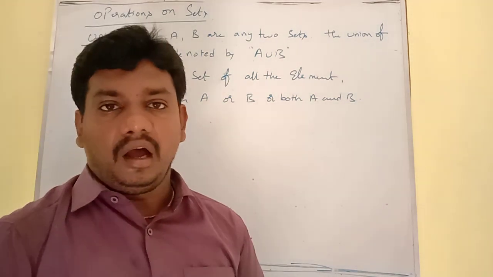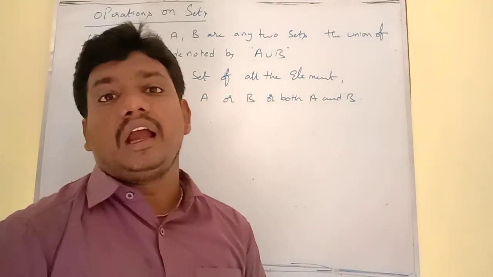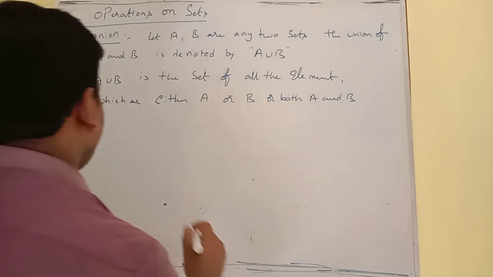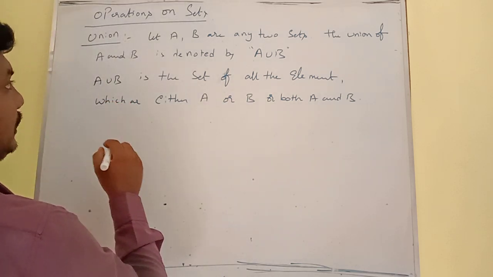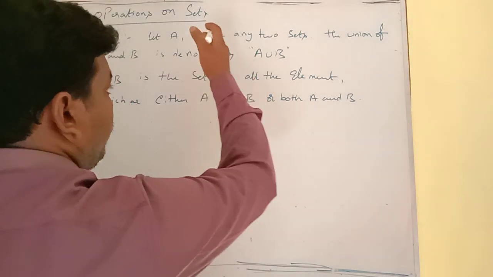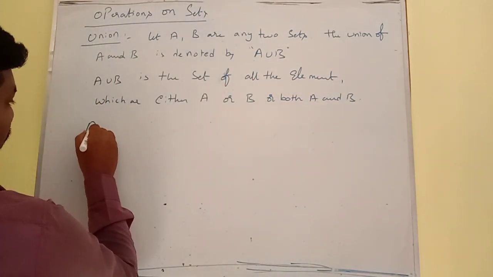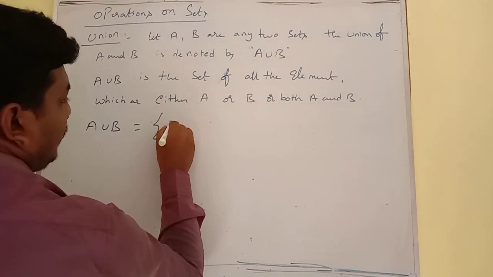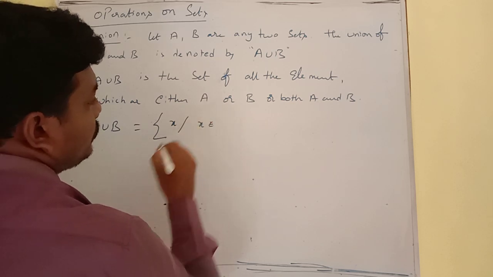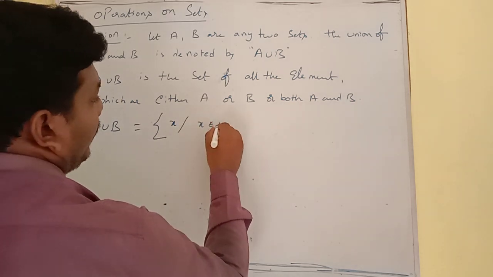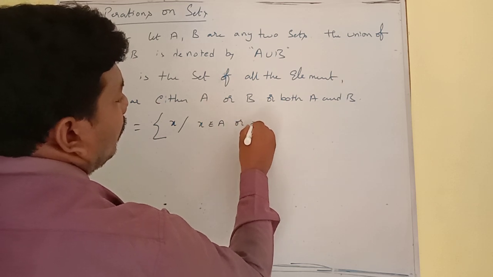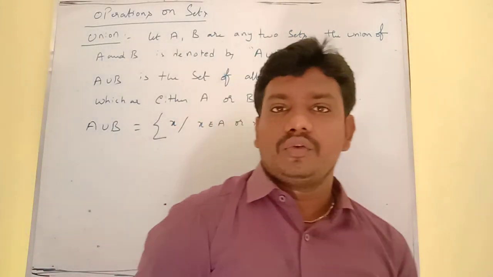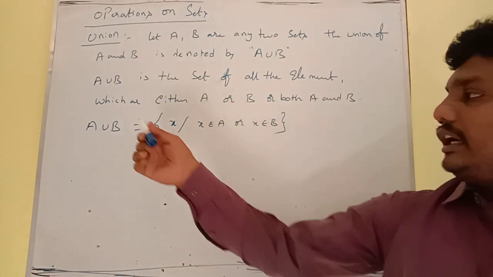Either A elements or B elements or both, we consider in the union set. Accordingly, the set builder form of A union B can be written as the set of x such that x belongs to A or x belongs to B. So this is called A union B in the set builder form.